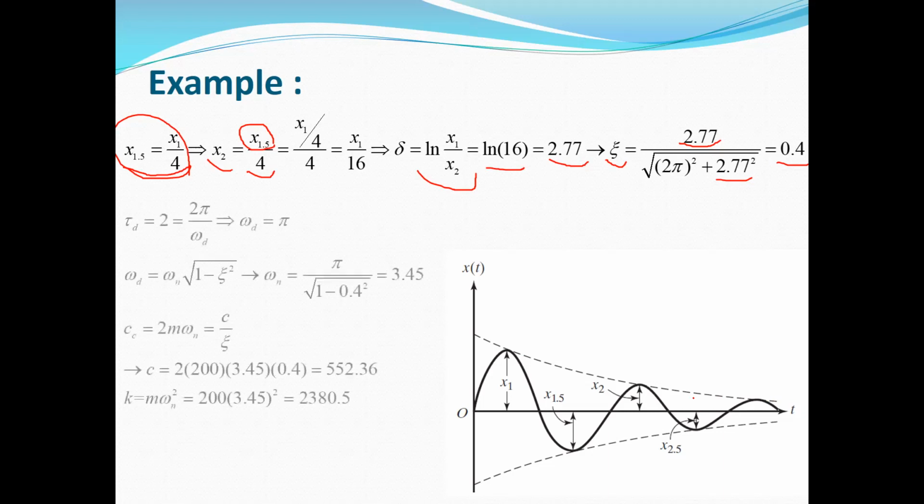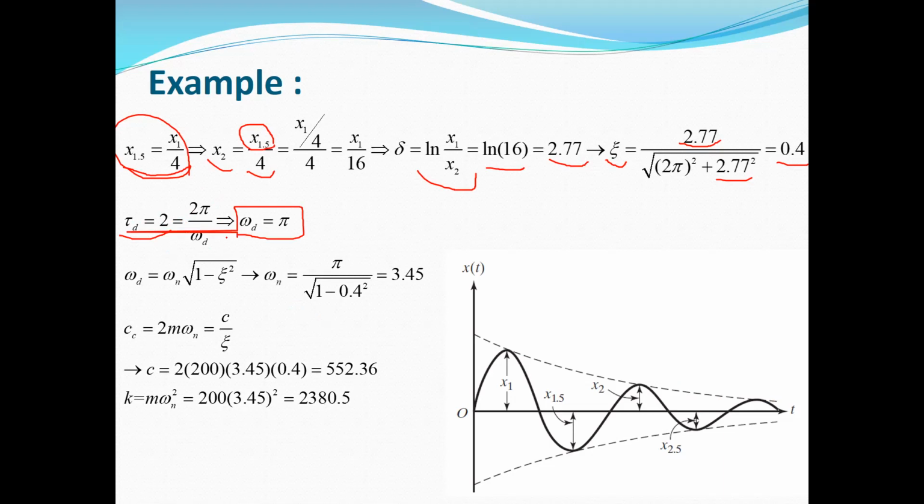The next step, we need to obtain the frequency for the system, and also the stiffness and damping constant. The period for this system is 2, so the frequency of the vibration is equal to 2 pi divided by the period, which is equal to pi.